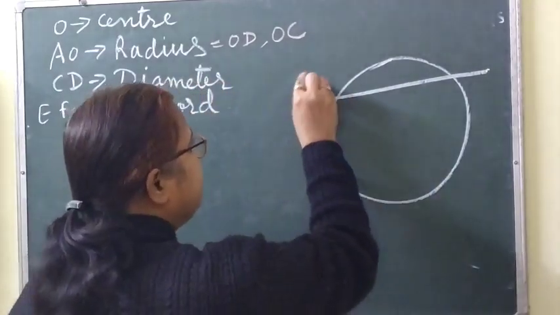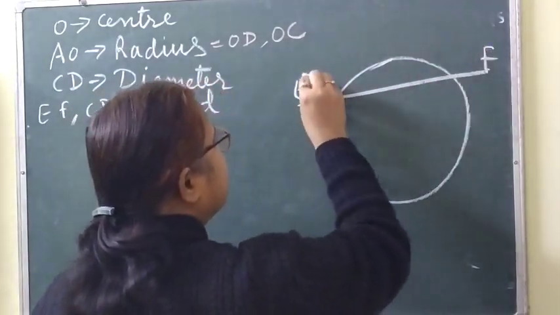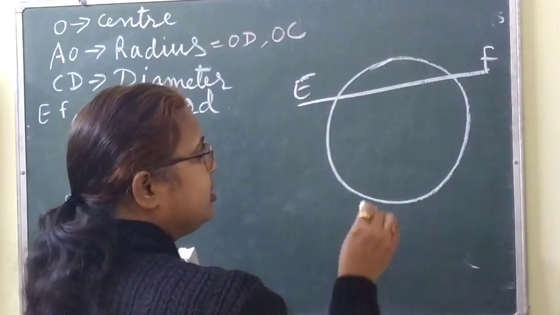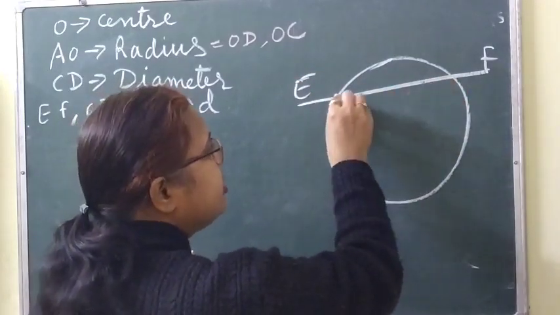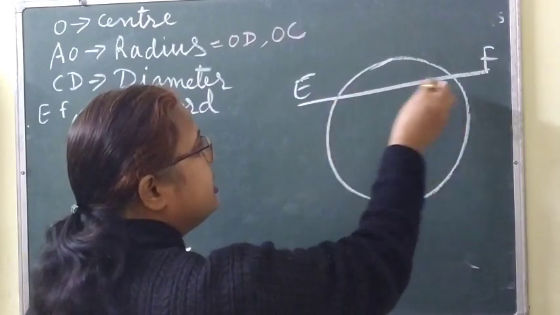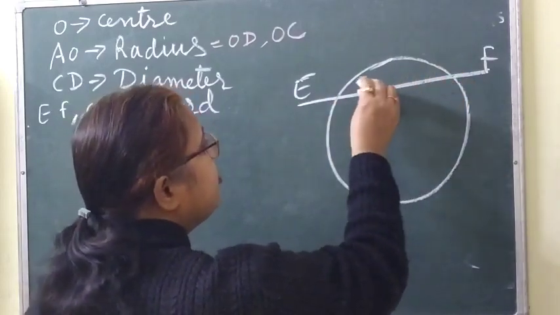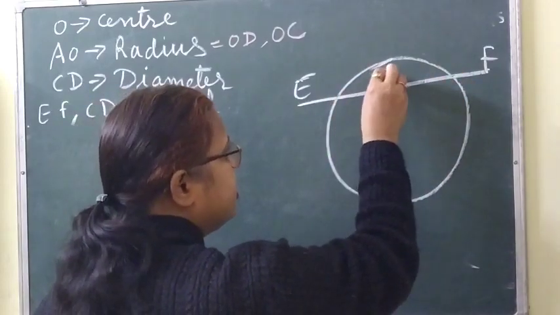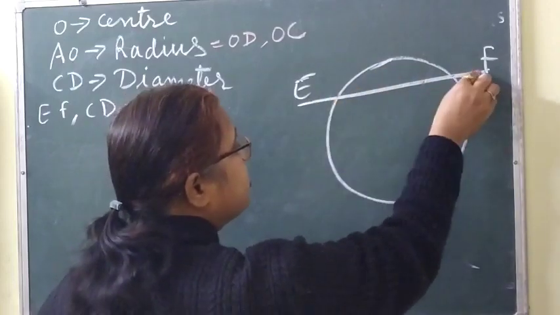So here E and F, this is a secant. EF is a secant and this EF intersects the circle at 2 points.